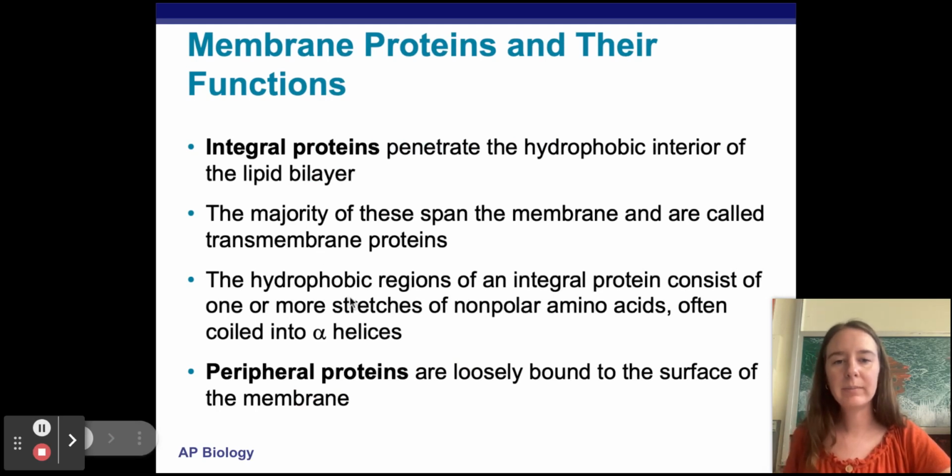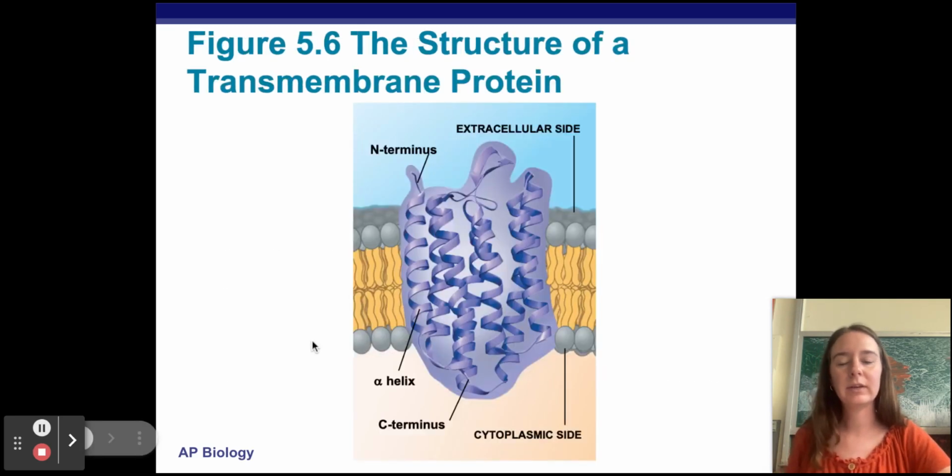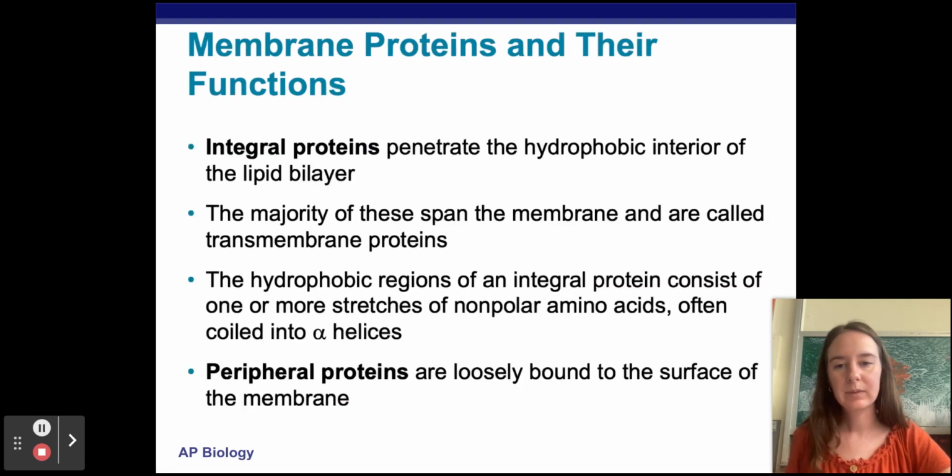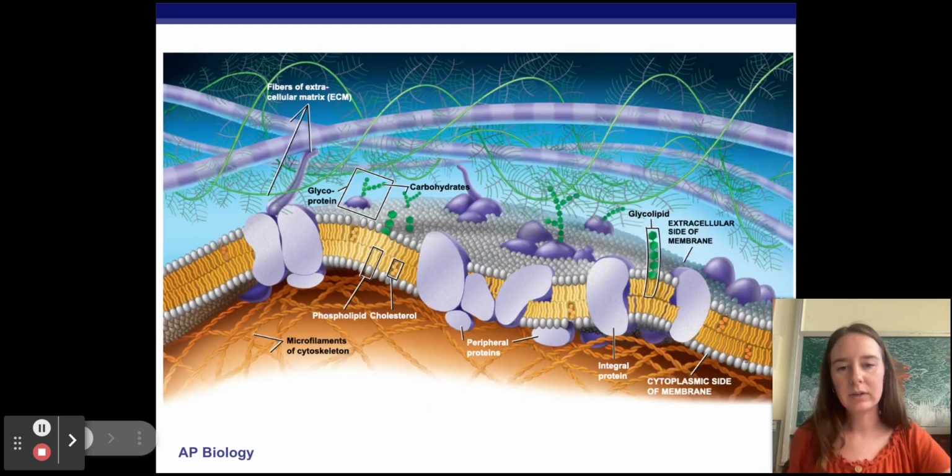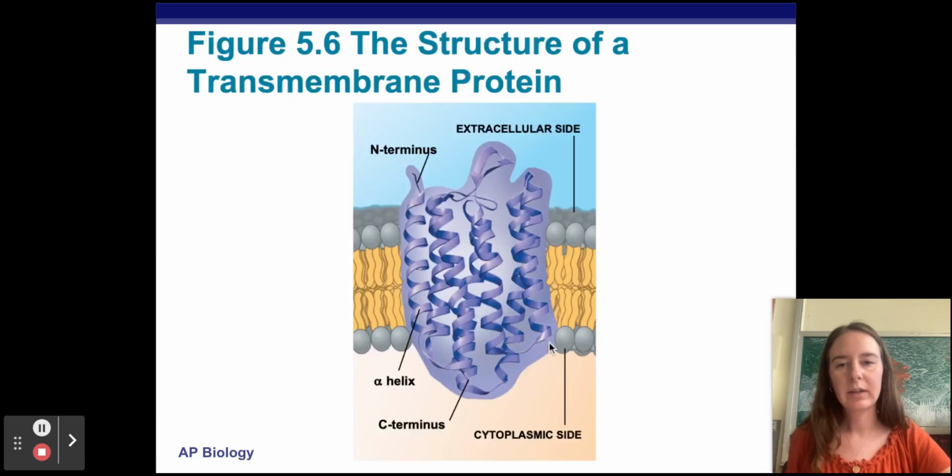They're called transmembrane proteins, and they consist of stretches of nonpolar amino acids coiled into alpha helices. So we just talked about that. This is the nonpolar section of the protein. Then there are peripheral proteins. They're loosely bound to the surface. So these peripheral proteins are on the outside.